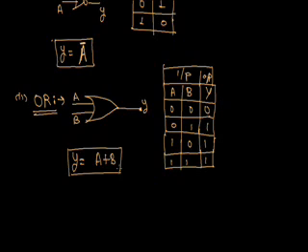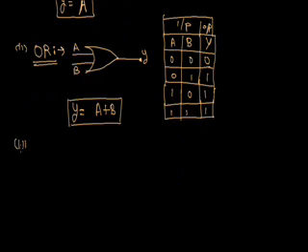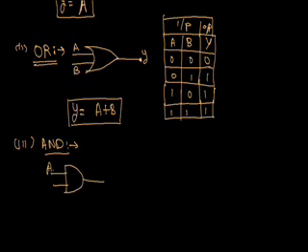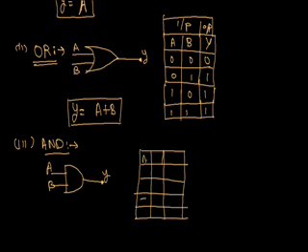Now next is the AND gate. The circuit is like this one, with inputs A, B. The truth table is A, B, and Y: 0 0, 0 1, 1 0, 1 1. So the output will be 0, 0, 0, and 1.